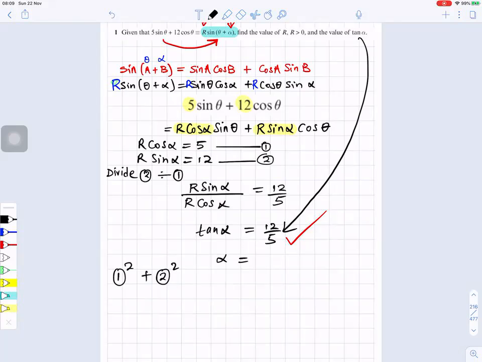So you would have r cos alpha squared plus r sine alpha squared, and that should equal 5 squared plus 12 squared. That will give you r squared.